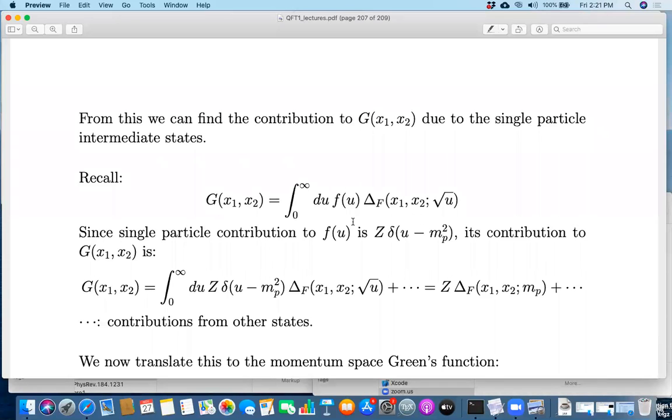Now we see that if f(u) has a contribution proportional to Z times delta(u - m_p^2), its contribution to G(x1, x2) is given by this integral, plus these are the multi-particle states or whatever other states there may be. They may not even have a particle interpretation; we don't know whether they do or not. But the single particle contribution is here. If there are single particle states of mass m_p, that gives this contribution: Z times Delta_F(x1, x2; m_p), plus contributions from other states.